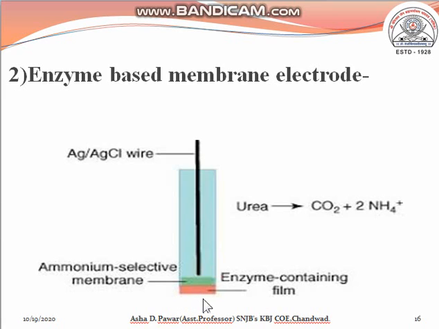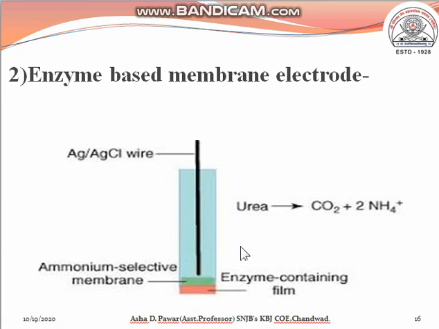If we use the enzyme based membrane electrode for detection of urea, then the urea is converted into ammonium ion. That's why along with the enzyme film, an ammonium ion selective membrane is also used. So how does this electrode work? When the electrode is immersed in the solution containing urea, ammonium ion NH4+ is produced due to the diffusion of urea.